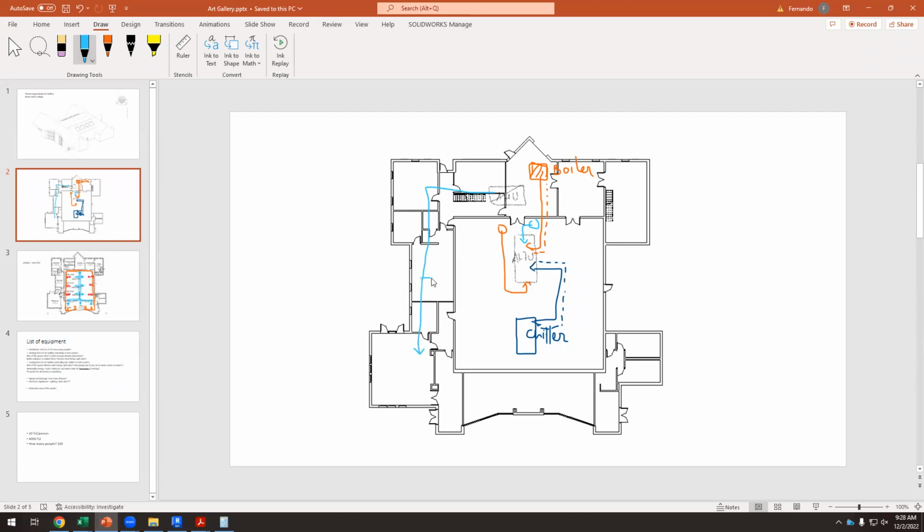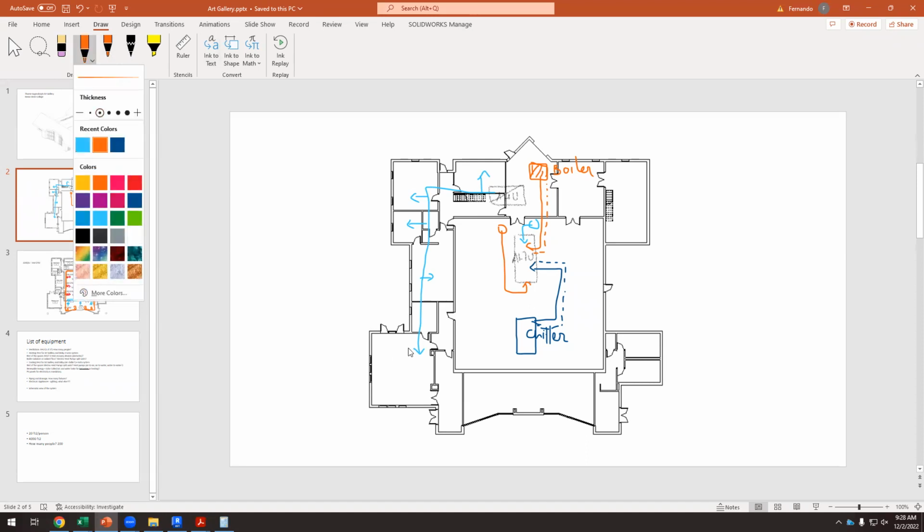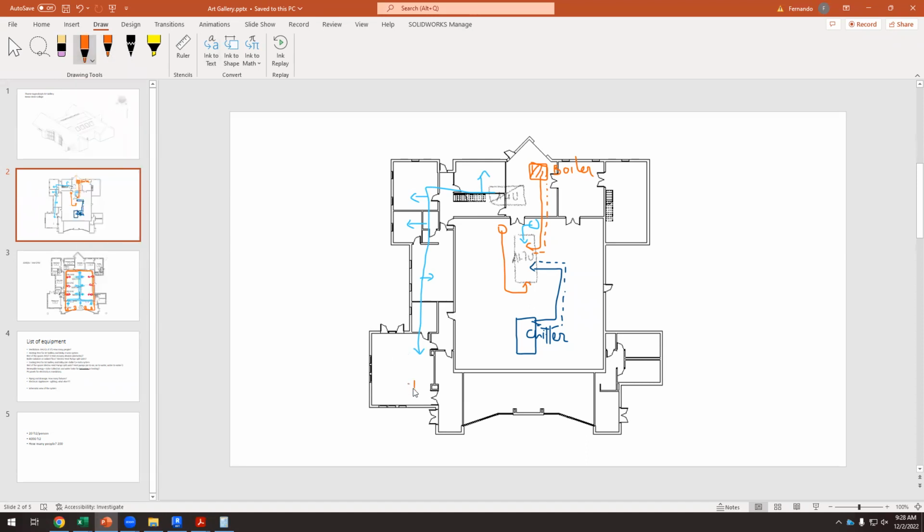And that's quite simple, because those are such small spaces that I only need one supply diffuser for each space. And then I would need a return diffuser for that space. So I need a return. Then I have to connect this to the air handling unit. So on the same space, I need supply and return, and then connect it to the air handling unit.